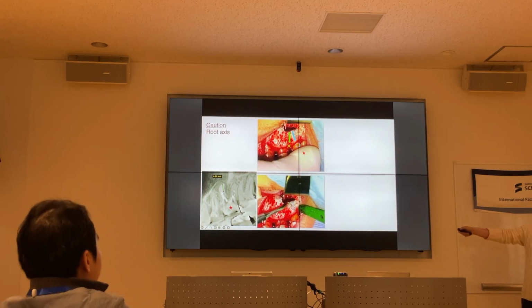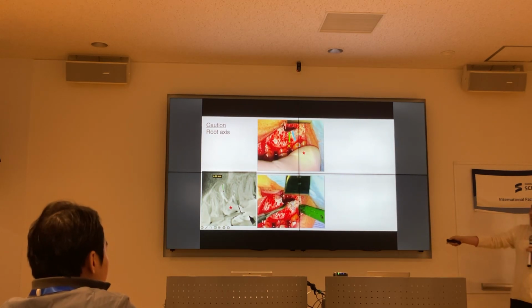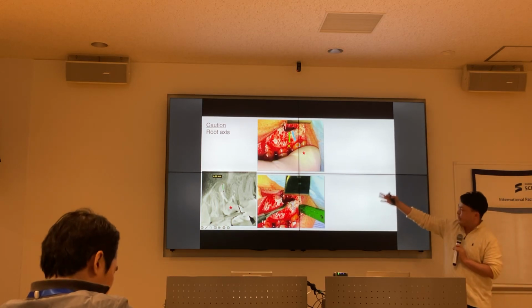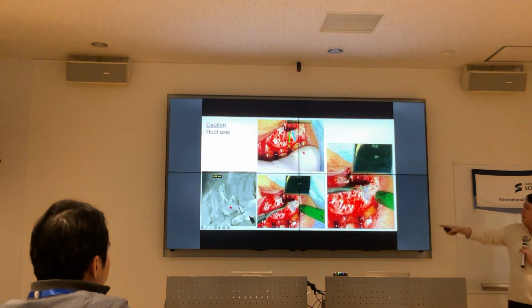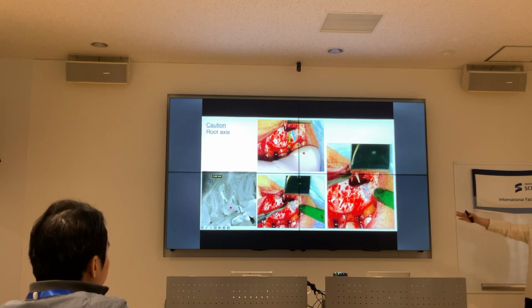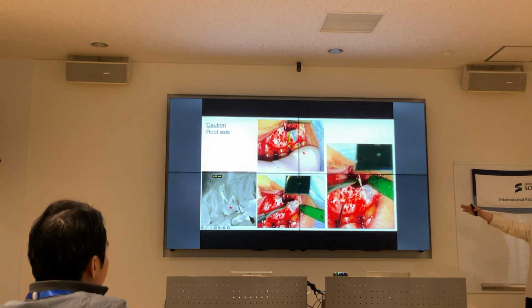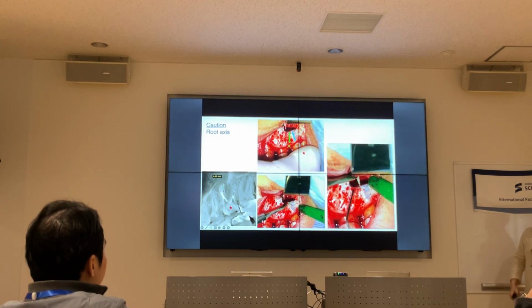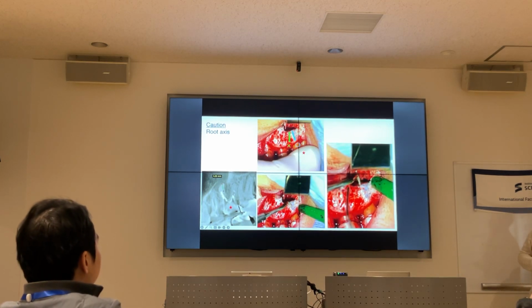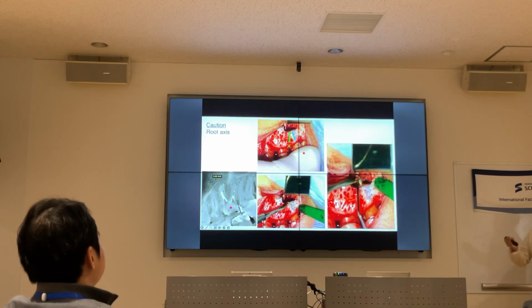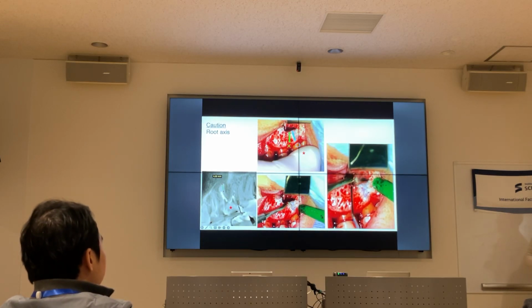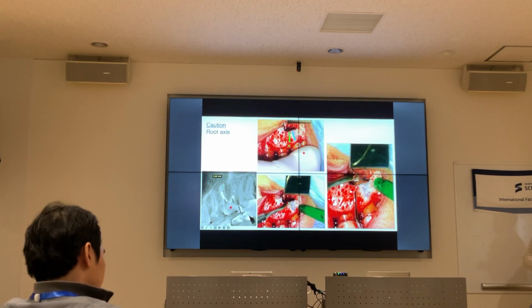So in this view, we always have to check the root axis like this. At first, check the root axis, then insert the retrograde ultrasonic tip and prepare the same axis as the root. In premolars or molars, this technique is very important to avoid perforation.